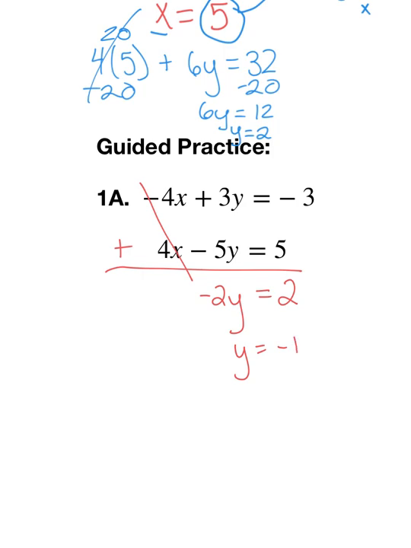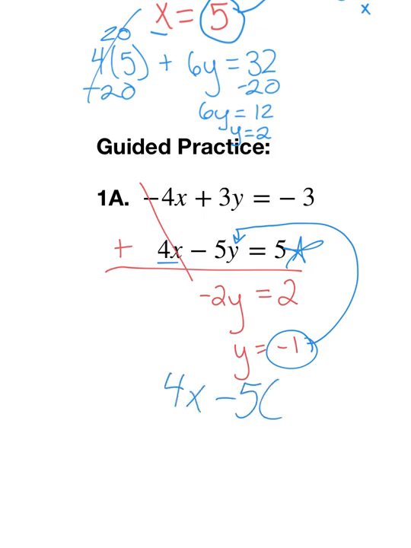So then from here, because y equals negative 1, I can choose either equation. I'm actually going to choose this one here to substitute negative 1 in for y because this is a positive 4x at the beginning, and that just makes it a little simpler. So if I'm plugging negative 1 in, I'd put it right here, and I would do 4x minus 5 times negative 1 equals 5, and I want to solve for x.